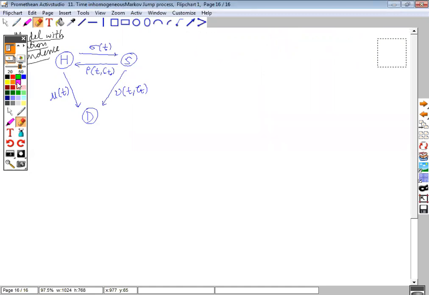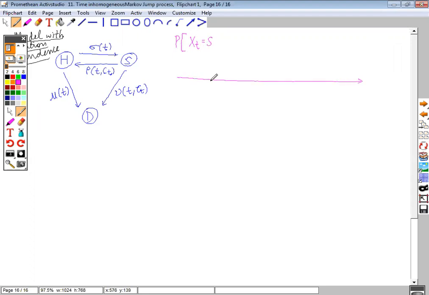And now we will try to look at, okay, so now the way I write this equation is also going to be a bit different. So let me just first write this. What I want to figure out right now is the probability that I find myself sick at time t.